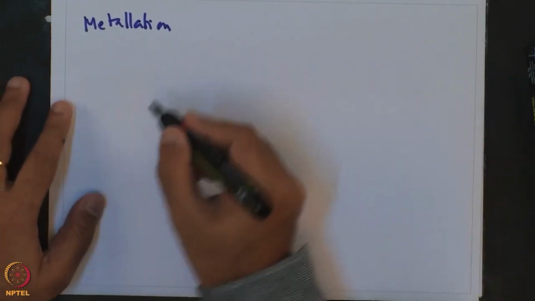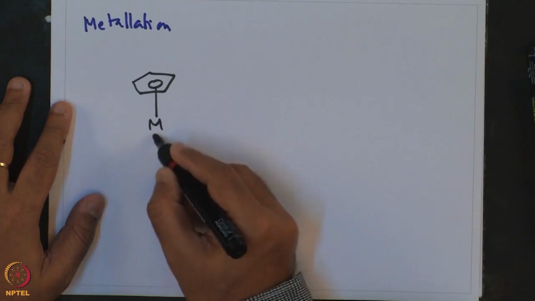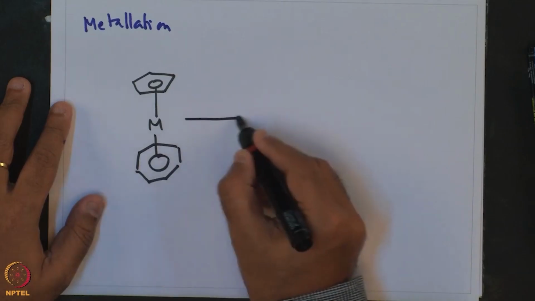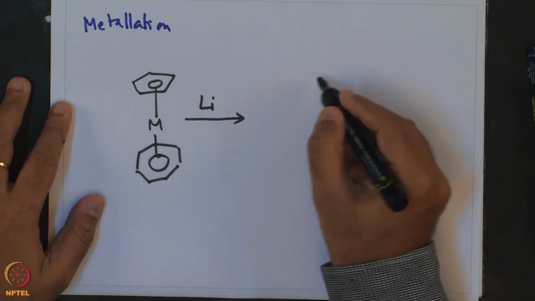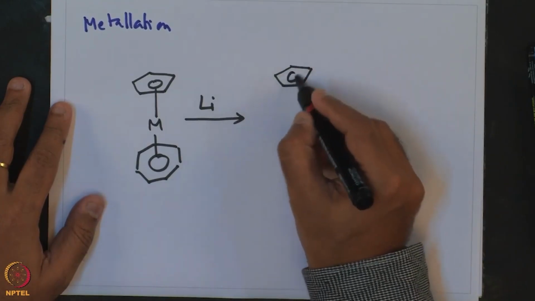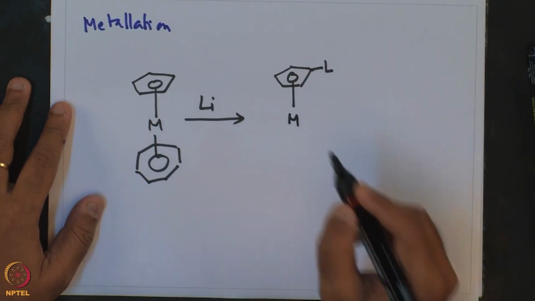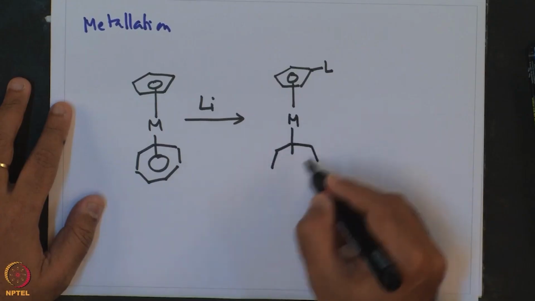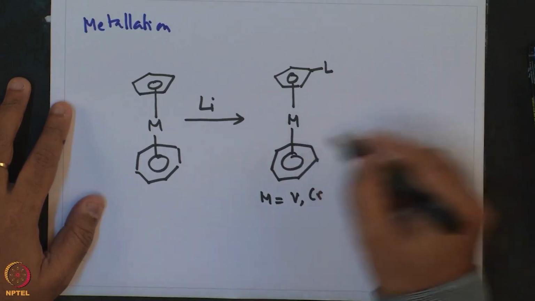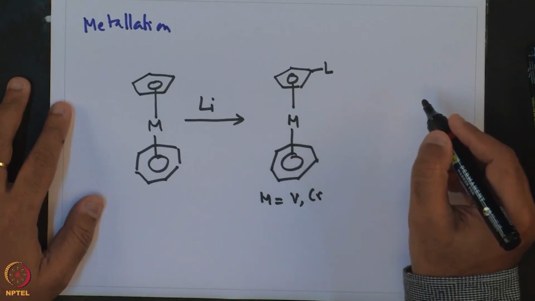For example, for this compound, the lithiation in the Cp ring occurs for vanadium and chromium, whereas the lithiation on the C7H7 ring occurs for titanium and chromium.